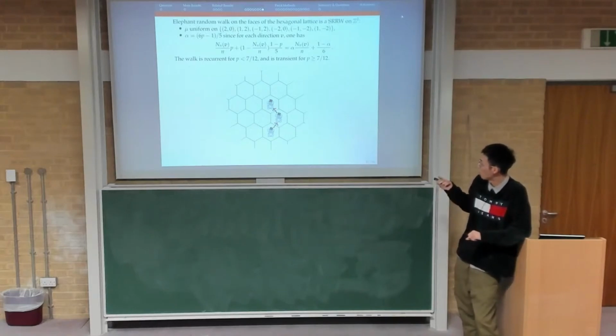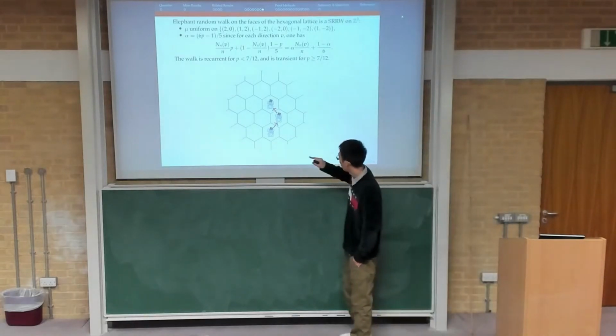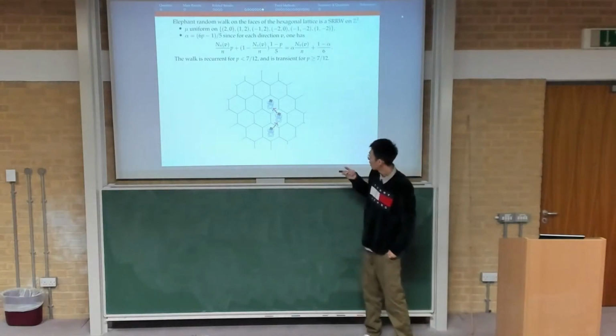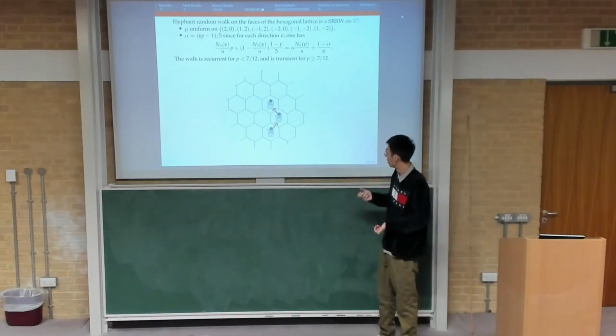So we consider the elephant random walk on the faces of the hexagonal lattice. Here the elephant has six choices at each step, and one can view this walk as a stable reinforcement walk on Z^2.